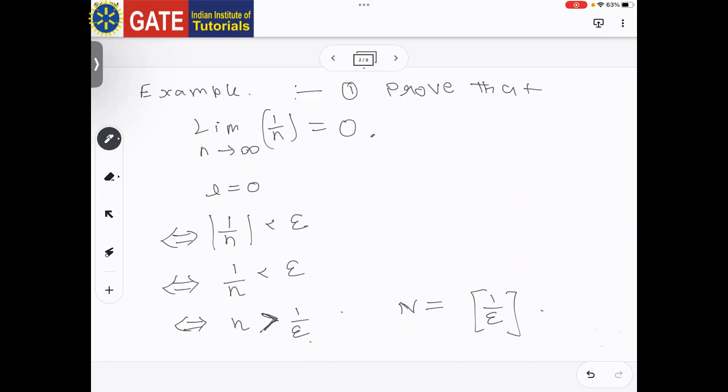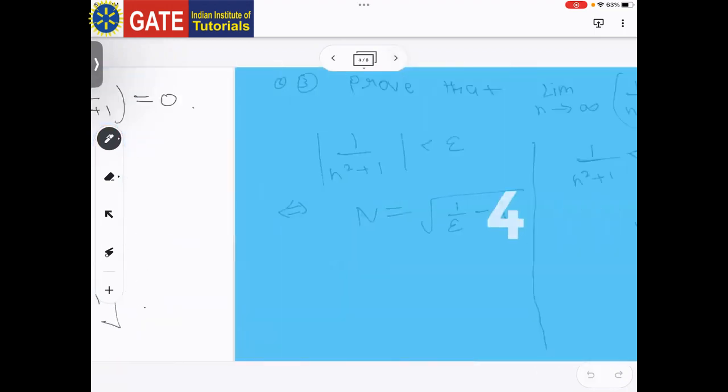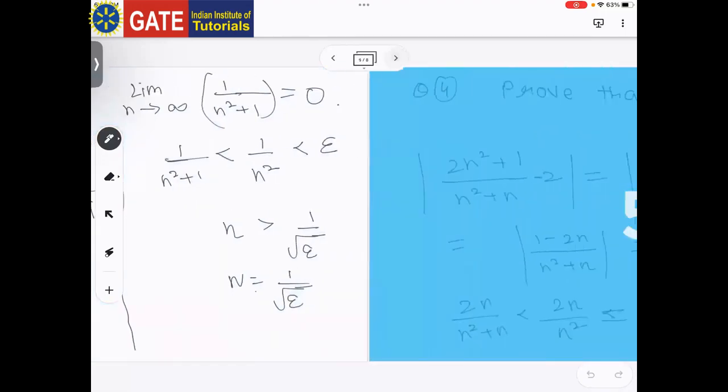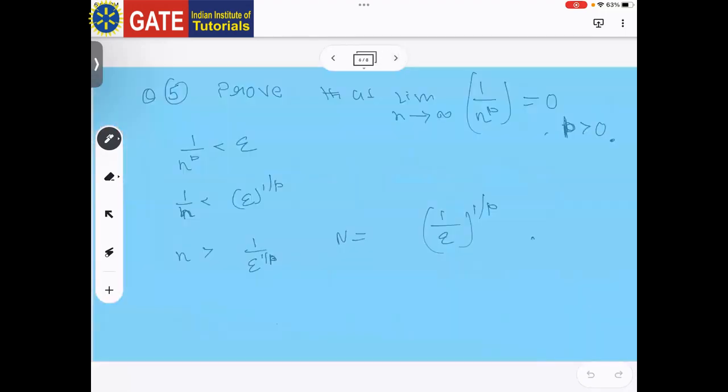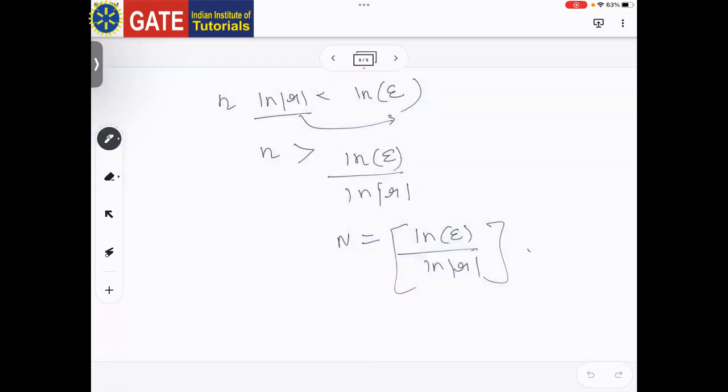No issues are there. So this is your capital N. If you want n to be greater than or equal to some N, then you can choose your N tilde to be N plus 1. Everything will be fine. Let's move on to the next one.